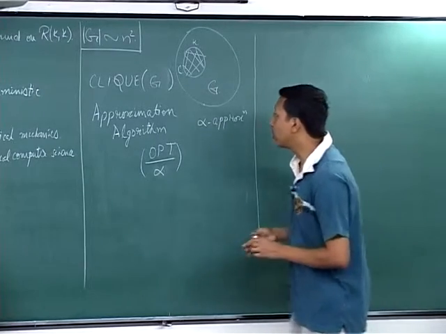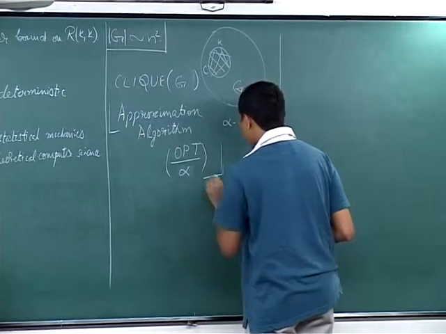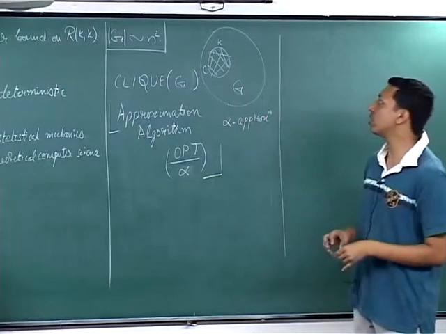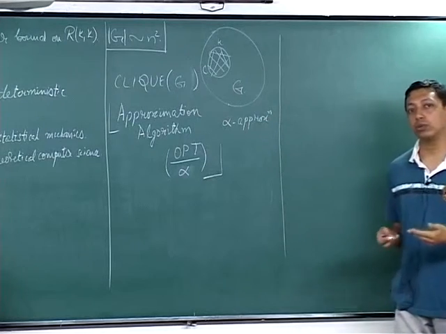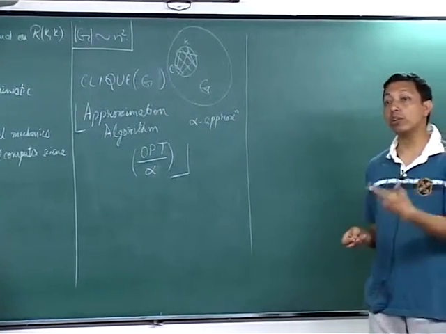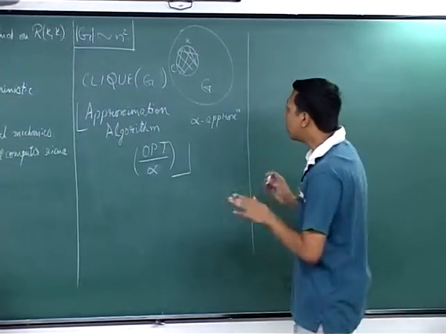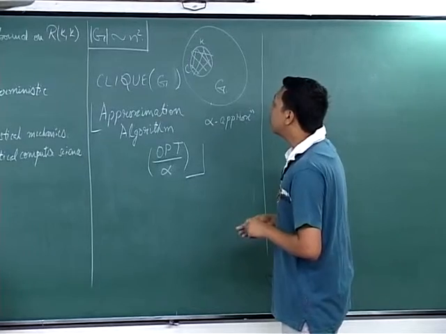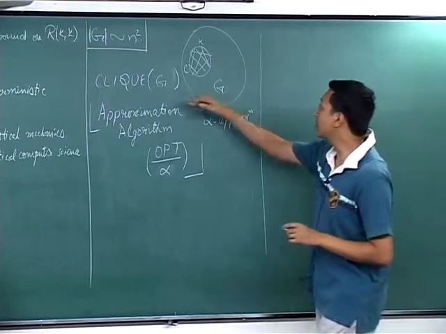That's what you are looking for. So this approach is known as approximation algorithms. There are many problems which are NP hard, but which have good approximation algorithms. You can find a 2-factor approximation algorithm, or even a 1 plus epsilon factor approximation. But there are many other problems which don't have good approximation algorithms. Clique is one of these problems.